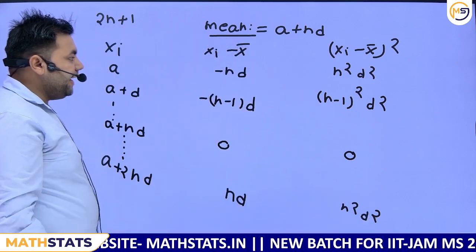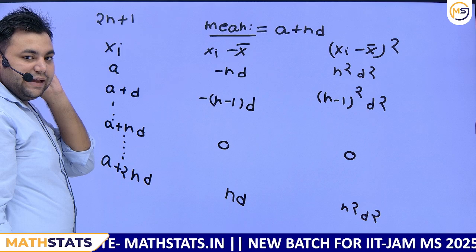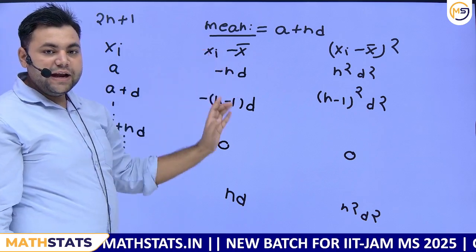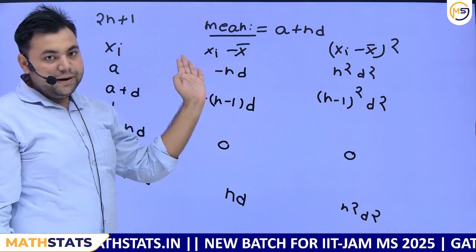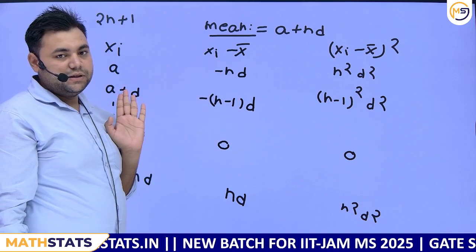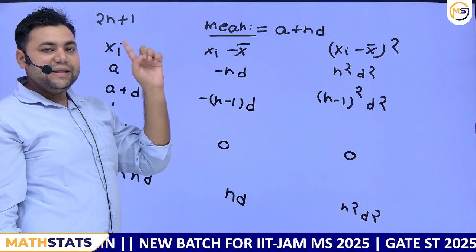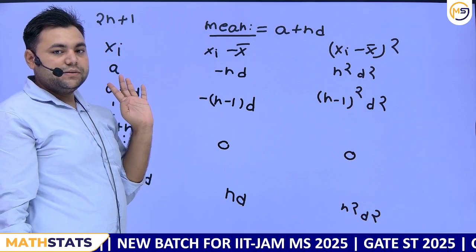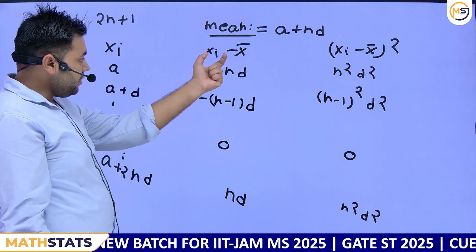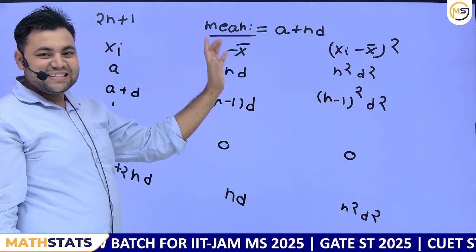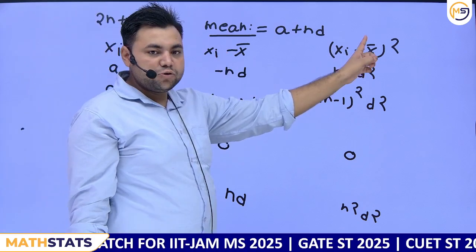So now what do we have to find here? We want to find mean deviation about mean, variance and standard deviation. We find out three quantities: mean deviation about mean, variance and standard deviation. So we find the deviation xi minus x bar, and we find the square of deviation.